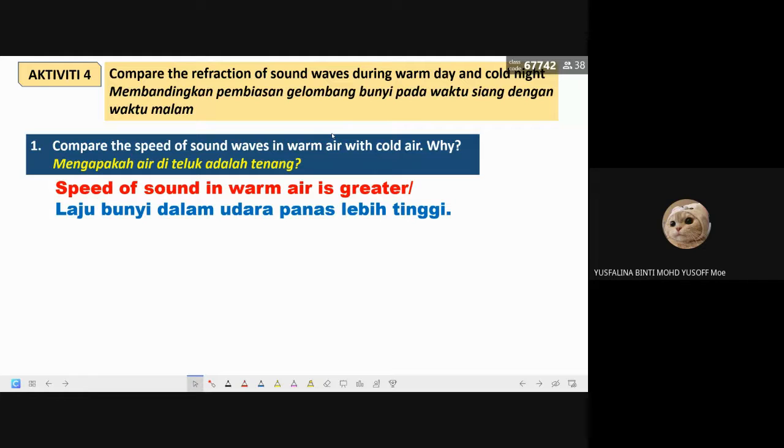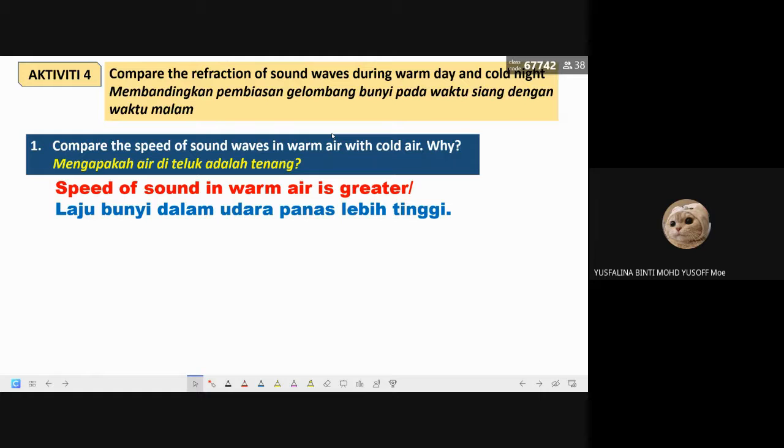It says here, compare the speed of sound wave in warm air with the cold air. The speed of sound in warm air is greater. Why? When sound wants to travel, it needs a medium. It needs the air molecules to transfer the sound energy. When the air is warm, the kinetic energy of the air molecules is higher.